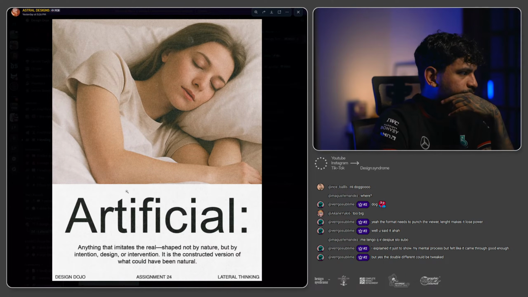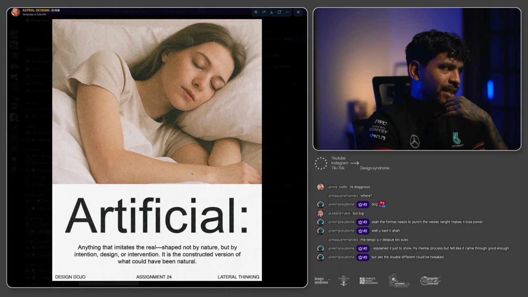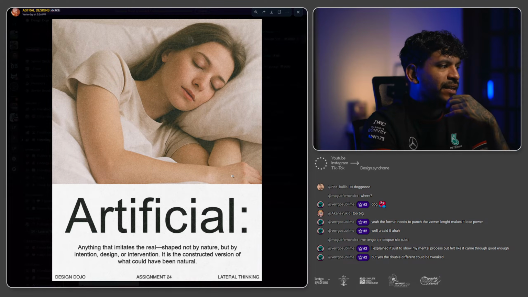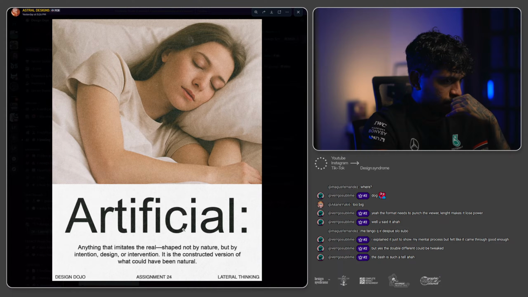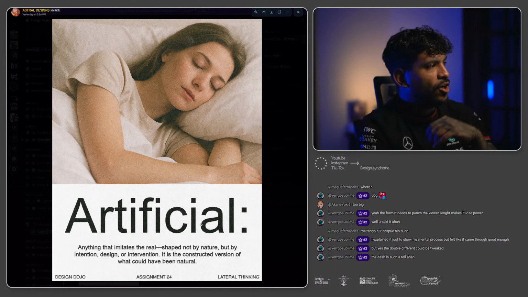So, artificial. Anything that imitates the real shape not by nature but by intention, design, or intervention. It is the constructed version of what could have been natural. Artificial.